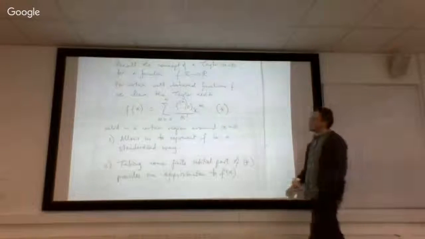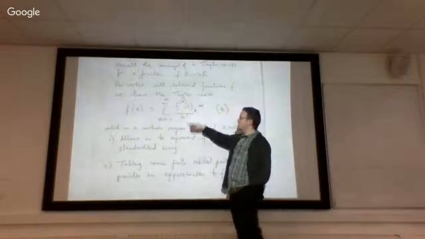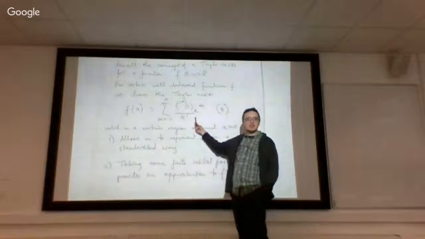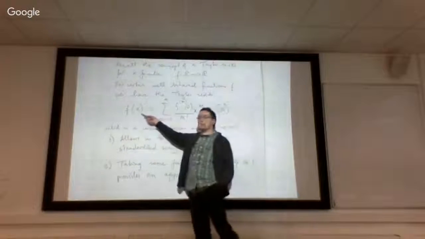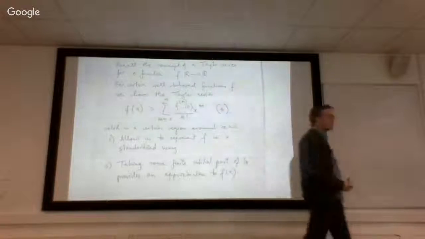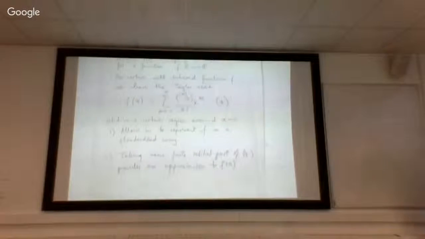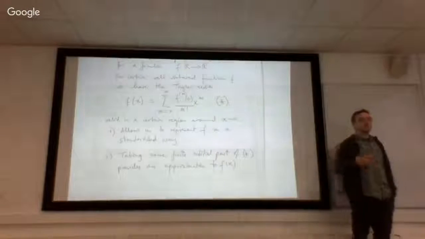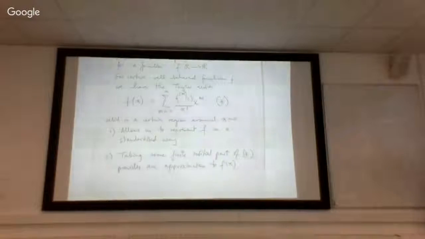So Taylor series show you how it could be possible, using only the basic operations of addition and multiplication, to nevertheless approximate arbitrary functions. And by taking more and more terms, you get a better and better approximation to the value of the functions. Okay.